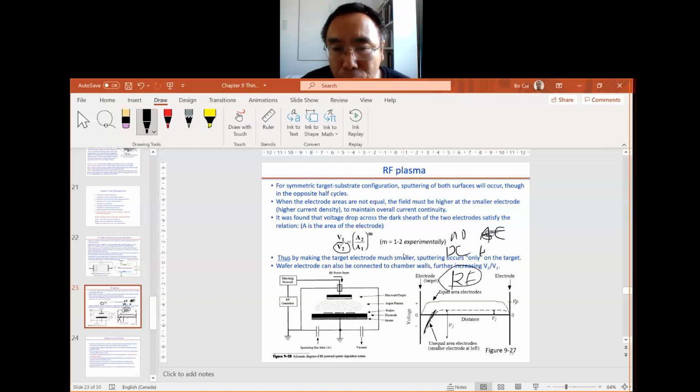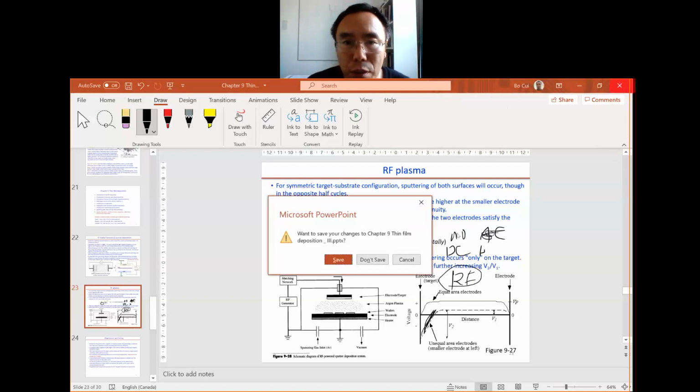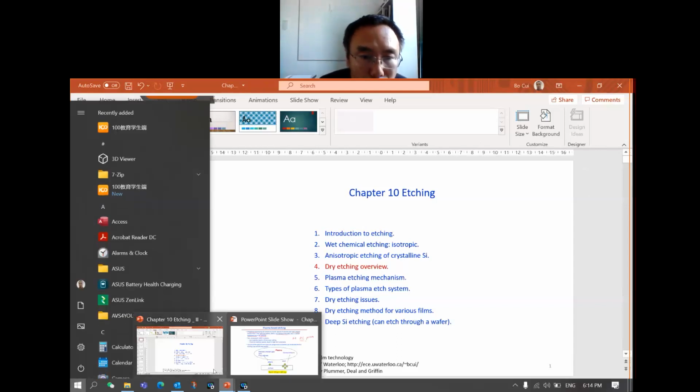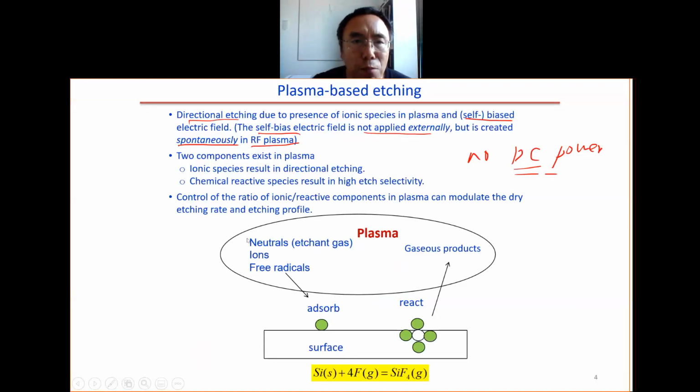This voltage drop will give the energy for the ion bombardment. This voltage drop is called the self bias generated in the RF plasma.